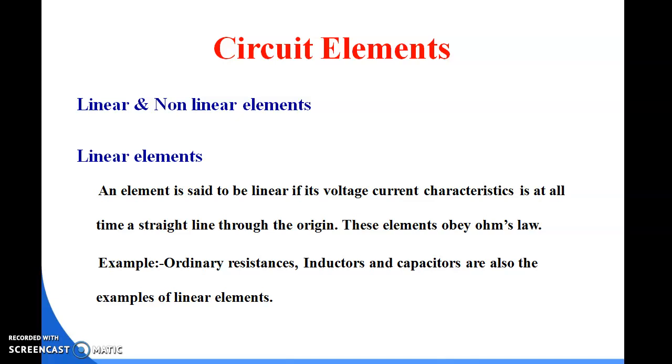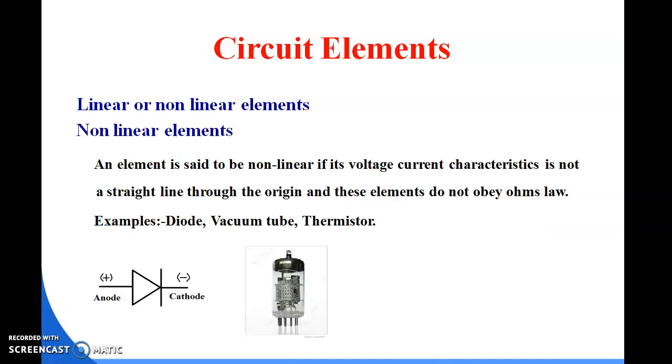Okay. Then nonlinear element. What is that? A nonlinear element does not obey Ohm's law. That is, a nonlinear element's graphical representation is not a straight line through the origin. Okay.